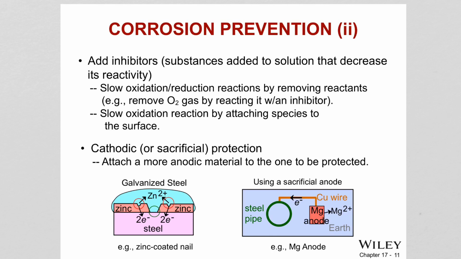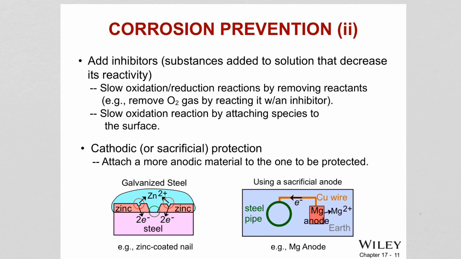That's why this is also called sacrificial protection, or sacrificial anodes like zinc and magnesium, because they become anodic with respect to iron.